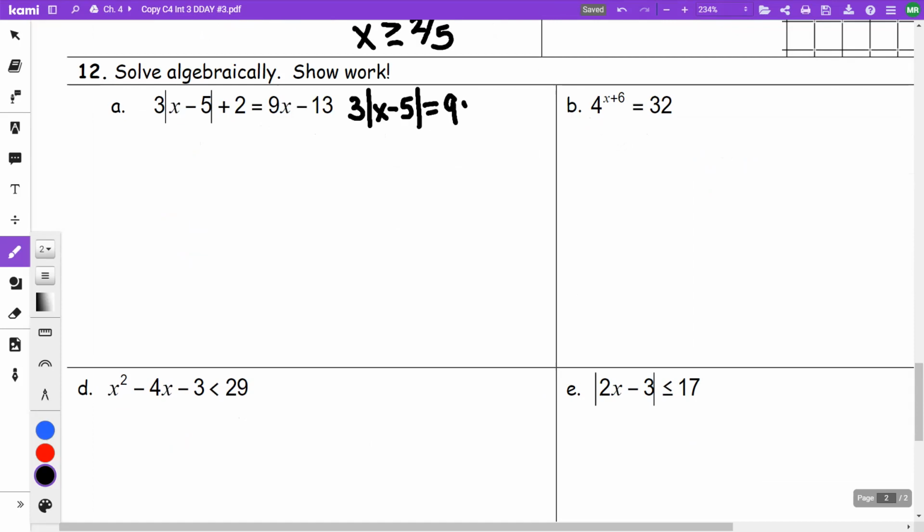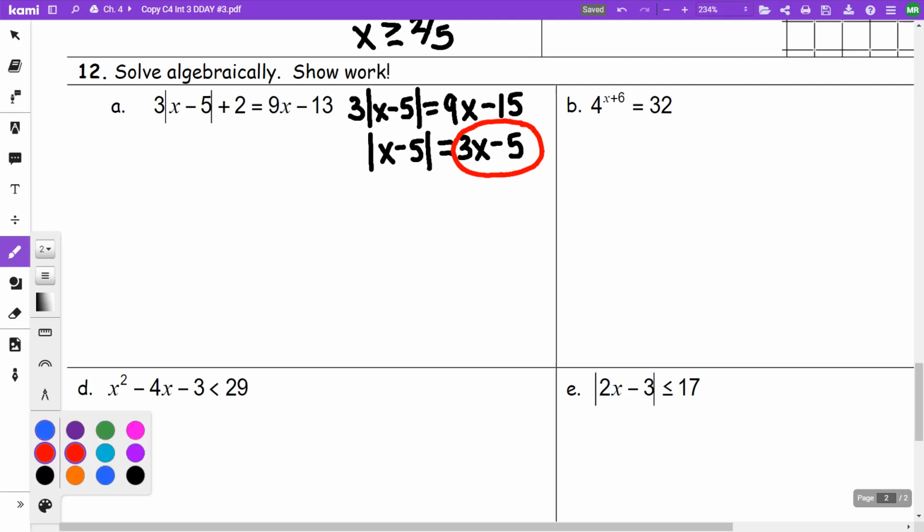So I'm going to have a 9x minus 15. Then I'm going to divide by the 3. Don't distribute the 3 in. So that's going to give me a 3x minus 5. I'm dividing everything on both sides. Now this is where I'm going to check my answers, because absolute values have to equal either 0 or a positive, cannot be a negative.